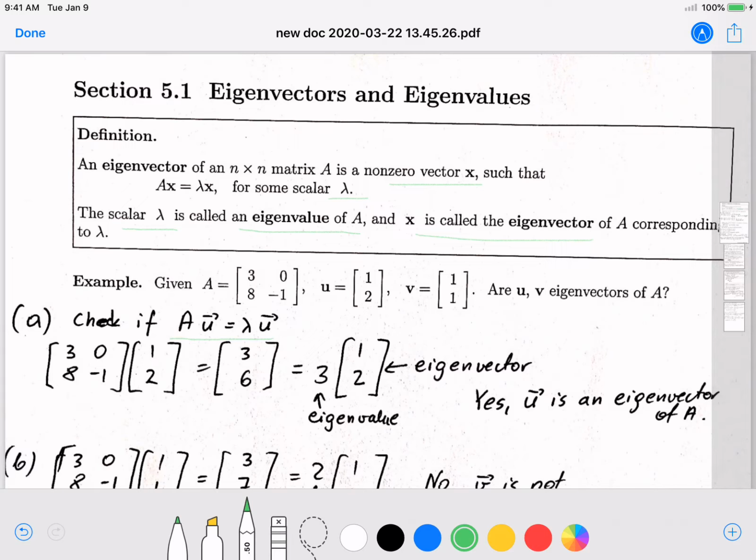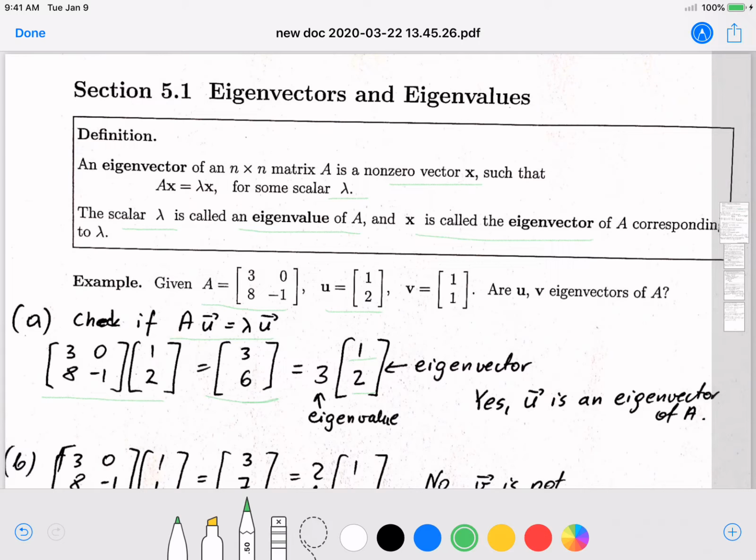So we're going to start with the matrix A and multiply it times vector u. If we multiply A times u, row times column, we have 3, 6. So we're getting the vector 3 and 6. From this vector, we can factor the 3 out. If I take out 3, I'm left with 1 and 2.